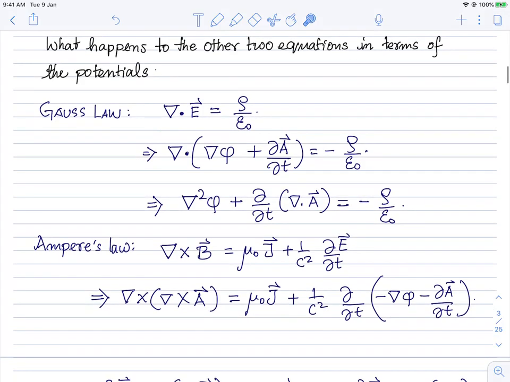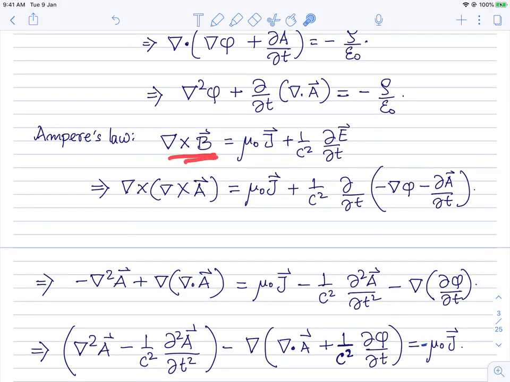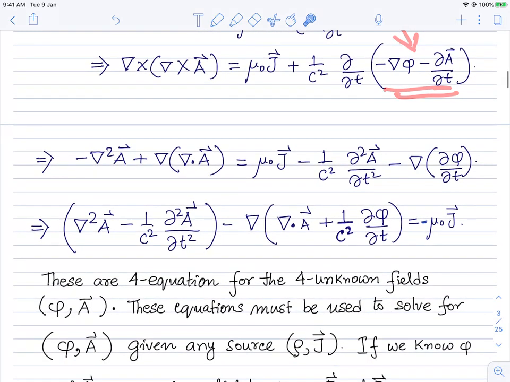This is just a scalar equation, so this is just one condition. Then in Ampere's law we make the substitution that B is curl of A, and E is this quantity here. After some simplification, we regrouped certain terms and put this combination together, which is the same combination that appears in the wave equation.